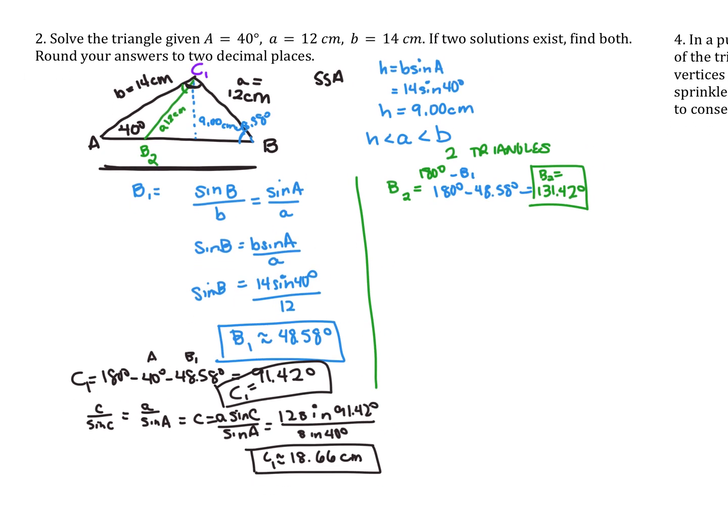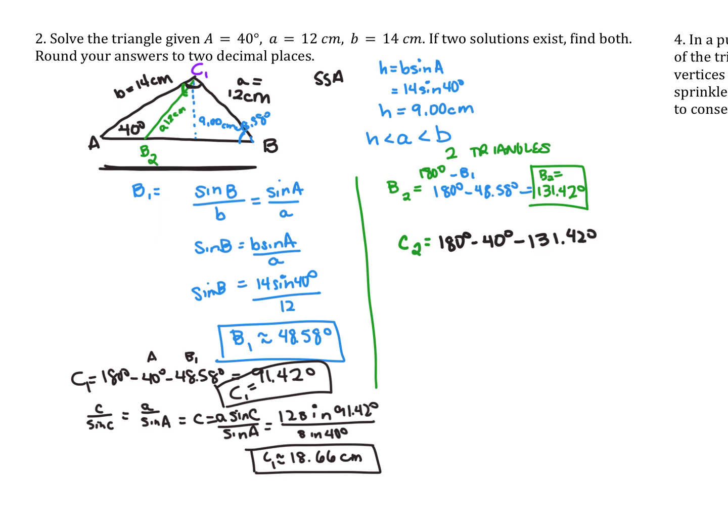So we have angle B2 right here. So we'll have to find C2, the small triangle, or some small angle up in here. To find that, we're taking 180 degrees minus angle A, 40 degrees, minus my B sub 2, 131.42 degrees.